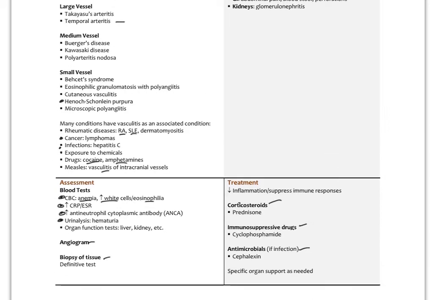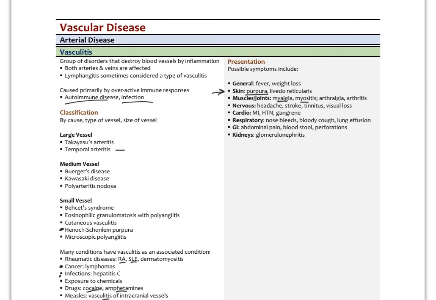Again, this would be a whole lecture in and of itself just to discuss all of these. But just understand that arteries and veins, but more commonly arteries, can undergo inflammation from most typically autoimmune disease or infection. And depending on where it's occurring, in which kind of artery or blood vessel and which organ, you're going to have different manifestations of this. So that's a little bit about vasculitis.